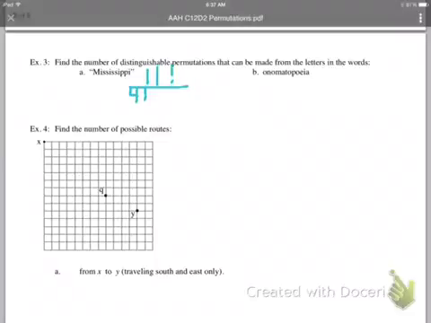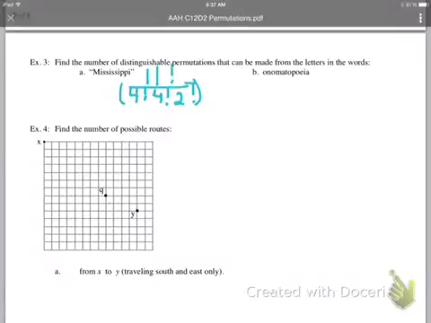And then I also have the 4 I's, so I have to divide by 4 factorial, and then the 2 factorial. If you can see, I'm more concerned with the setup rather than the answer. If you are going to put this in your calculator, make sure the denominator is in parentheses. Otherwise, you're going to get the wrong answer.